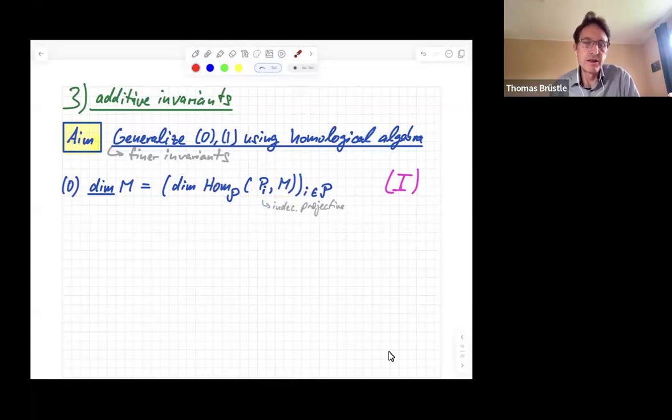You just measure the dimension of the homomorphism space from your given set of modules into M, then you get more information about M. So in that sense, it's easy to generalize the dimension vector to get more information. We just hom M with a larger set of indecomposable modules. So that's one way to use homomorphisms to generalize the dimension vector.